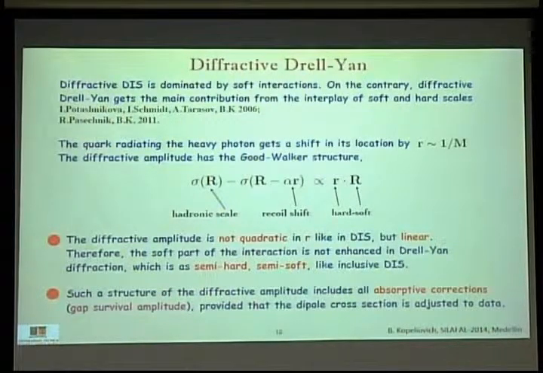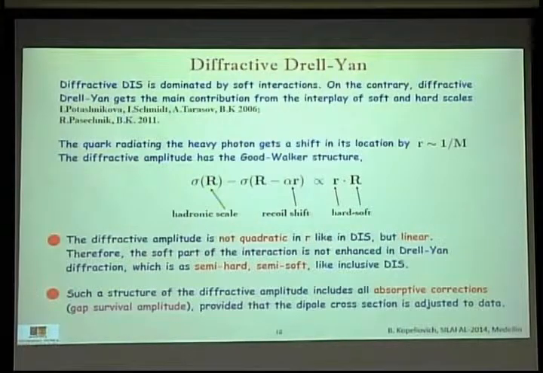And it changes the whole interplay in the table which I demonstrated. So I showed that diffraction is dominated by soft interaction. Here, not anymore. Diffractive Drell-Yan radiation is not dominated by soft. It's like inclusive in deep inelastic, 50-50.